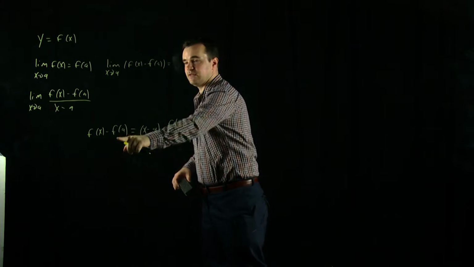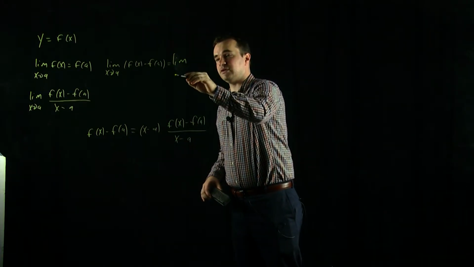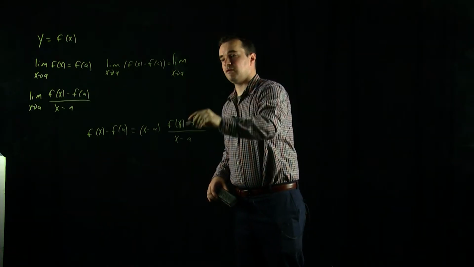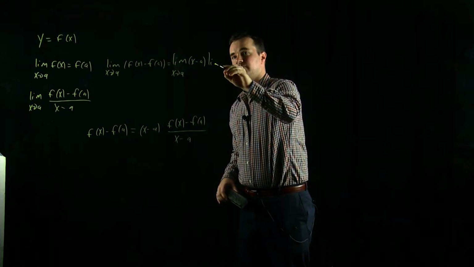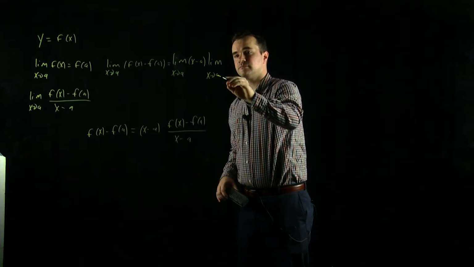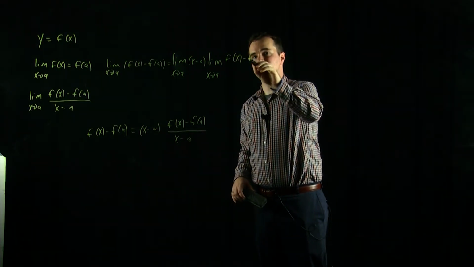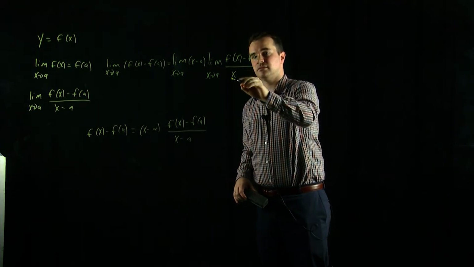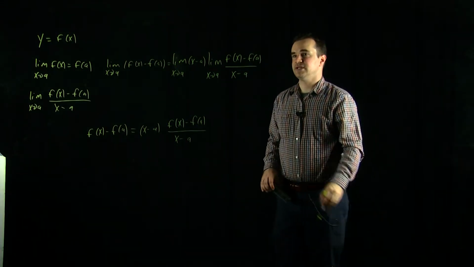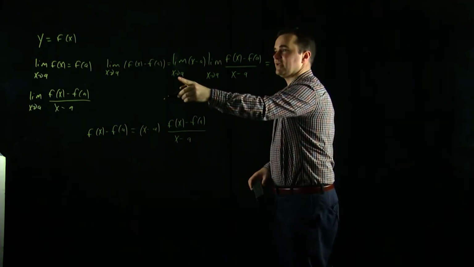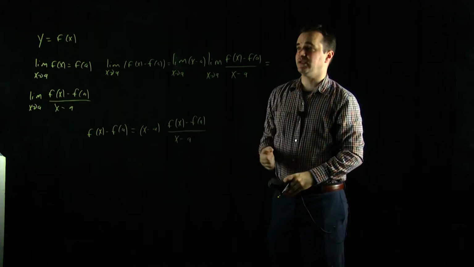So now when I take the limit of this left-hand side, that's going to be the same thing as the limit of the right-hand side, that's the limit of x minus a times the limit of f of x minus f of a, all over x minus a. But the limit as x goes to a of x minus a, that's just going to be 0. We can plug that in and get a minus a.